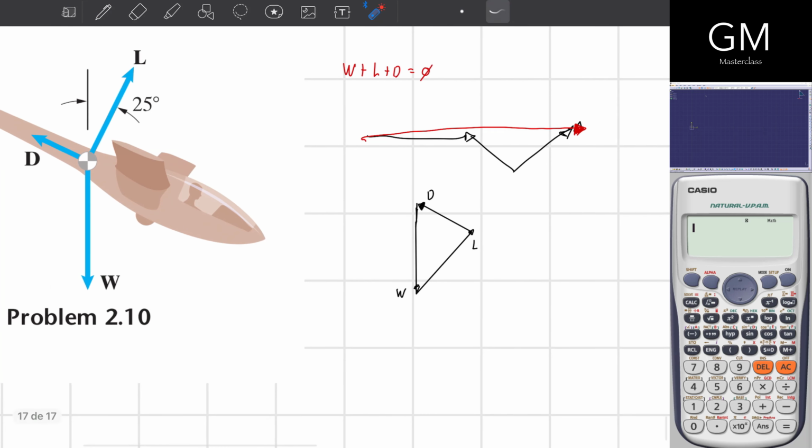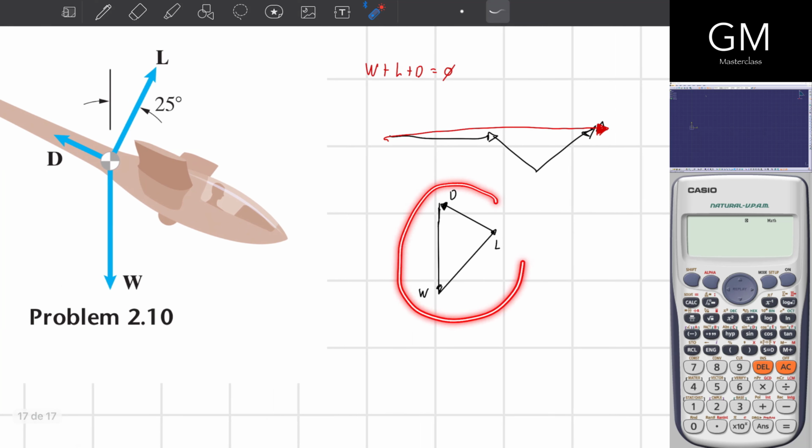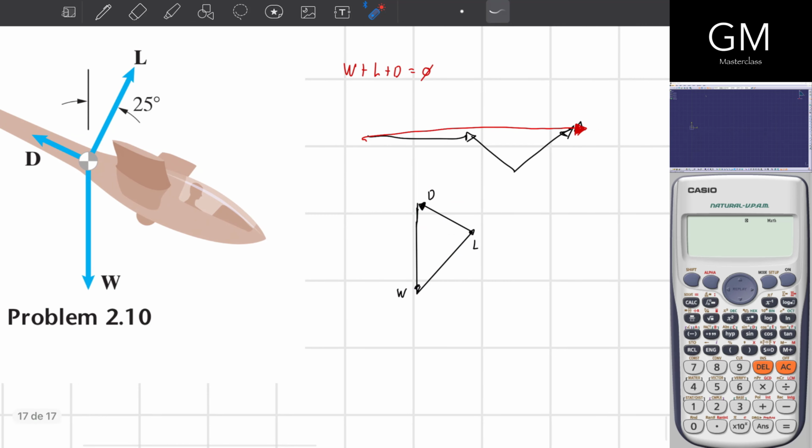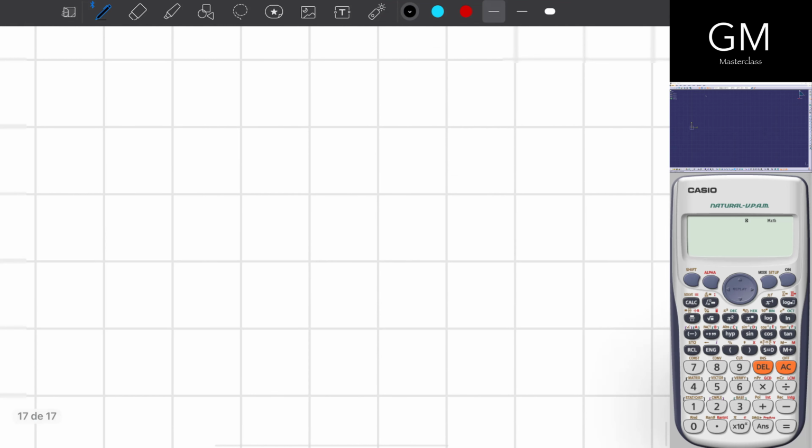By graphically creating a resultant shape, a closed shape is going to be generated. So as you can see right here, I cannot create a resultant vector because everything is connected. These three vectors are connected with each other. So the resultant vector, since I cannot create it, is going to be equal to 0.